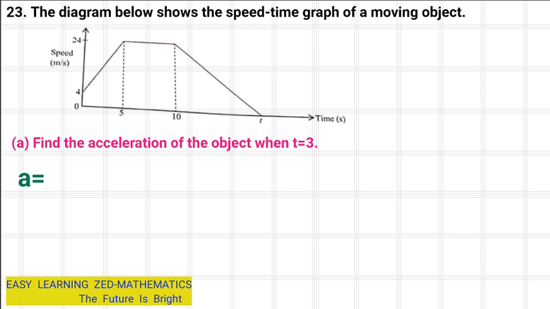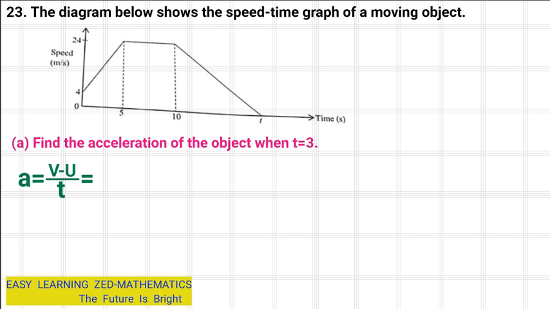Acceleration is equal to final velocity minus initial velocity, that is v for final velocity, and u for initial velocity, divided by time. Okay, so what we're going to do now is I'm going to write equal to.